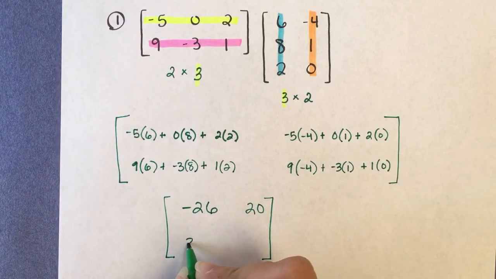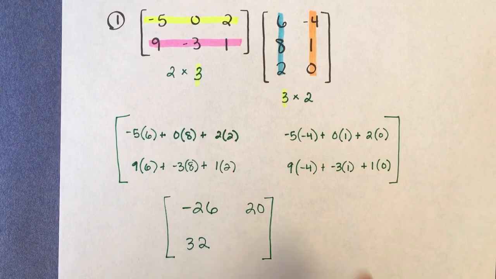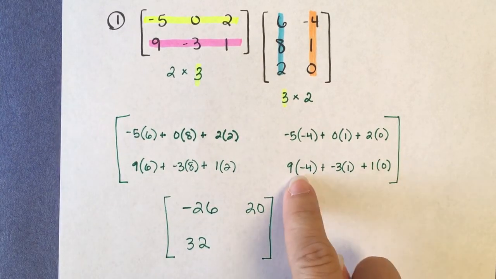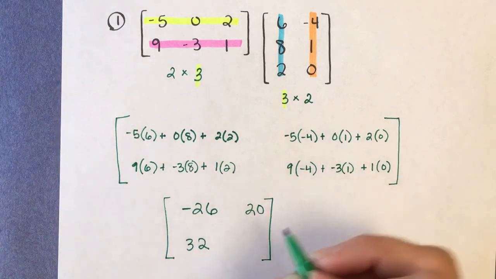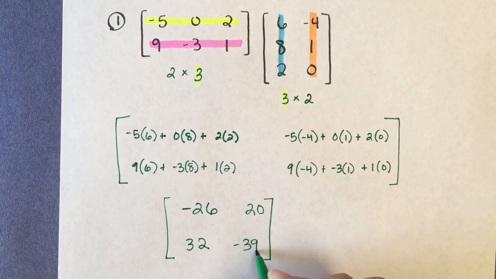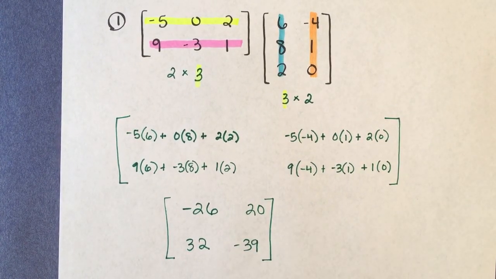So that's going to give me 32. And now last here, I would have negative 36 plus a negative 3. And of course that's plus 0, so that gives me negative 39. So this is your final answer.